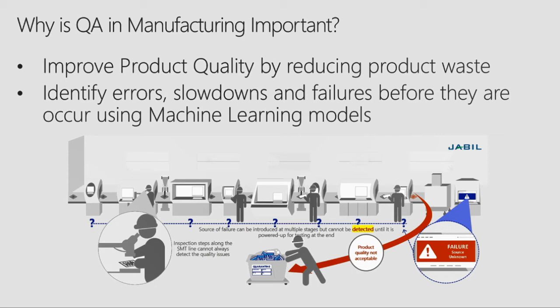Because it was super important, McDonald's has quality restrictions on French fries, and they wanted to be able to tell early on that there was going to be a problem with the quality before they got to the back of it, pulled out a bag, did some analysis of it, and then had to throw out a larger batch. And so they were doing quality assurance throughout the line, just like Jabil did in this case with devices.